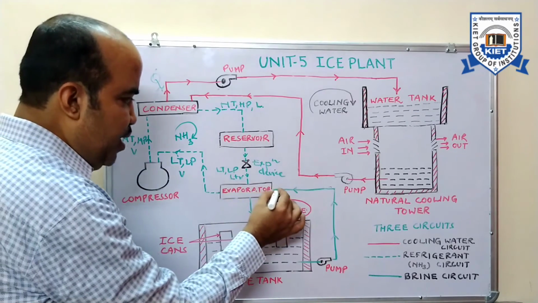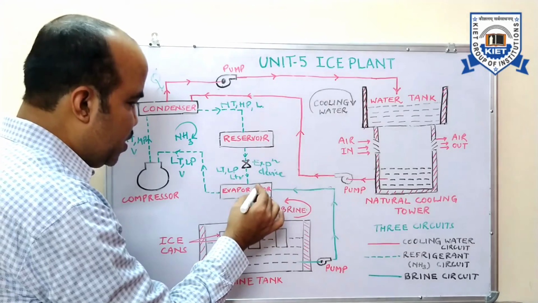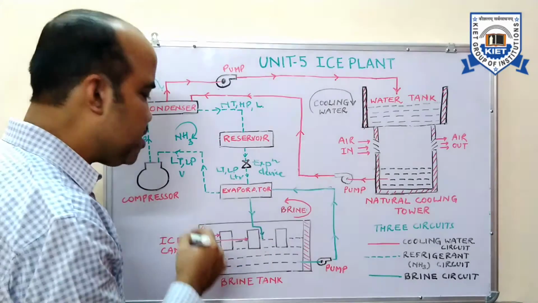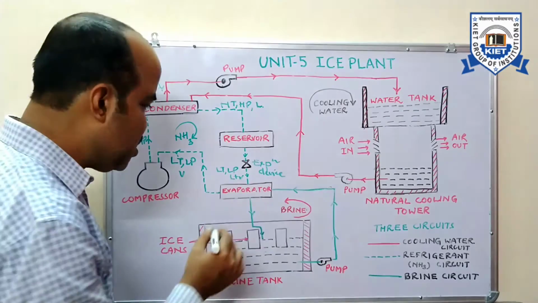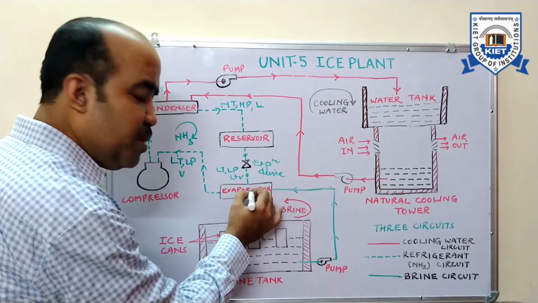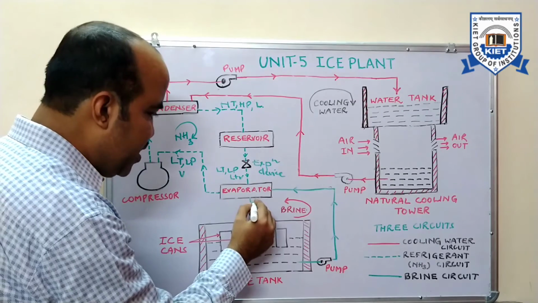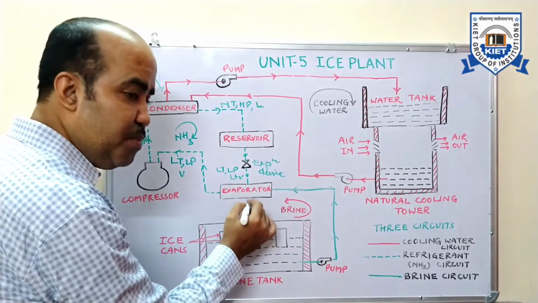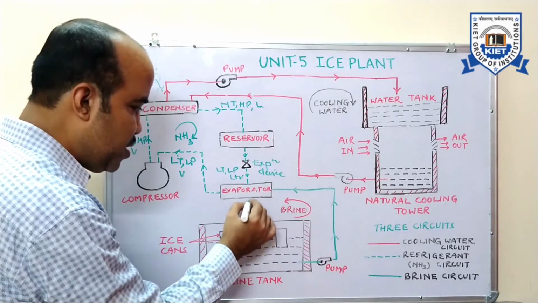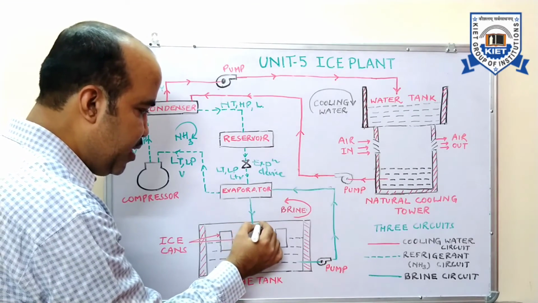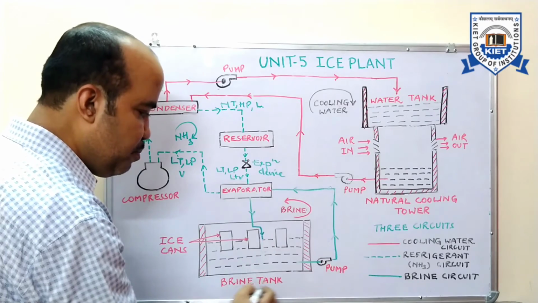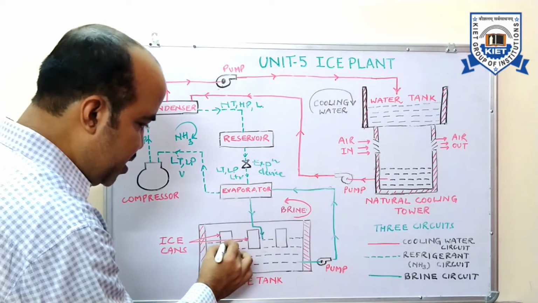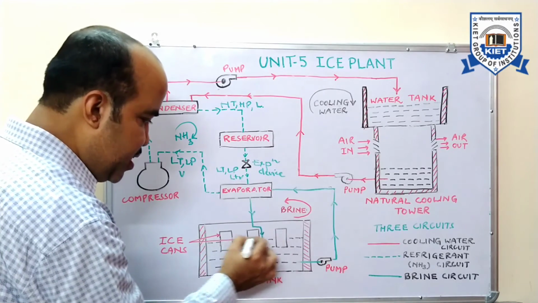When the brine gives up its heat to the liquid ammonia, its temperature becomes less. So we have the low temperature brine solution entering the brine tank. In this brine tank, as you can see, we have the ice cans.